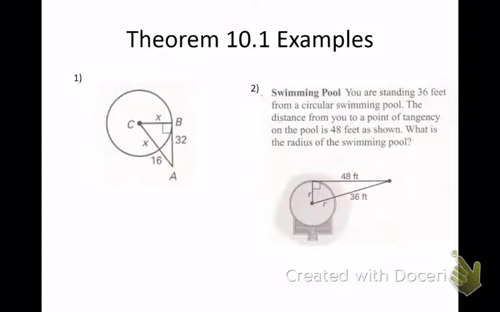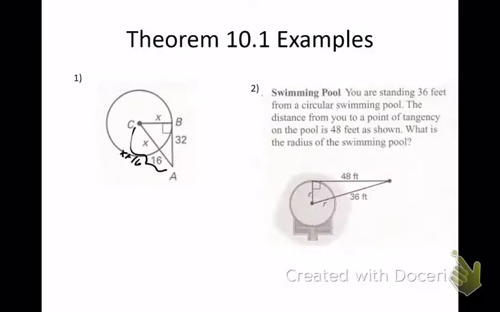So we get this right triangle, and to find x, we use the Pythagorean theorem, right? Leg squared plus leg squared equals hypotenuse squared, where the legs are x and 32. And the hypotenuse, this is what you got to be kind of careful with. This whole length is x plus 16, because this is the segment addition postulate that we're going to use.